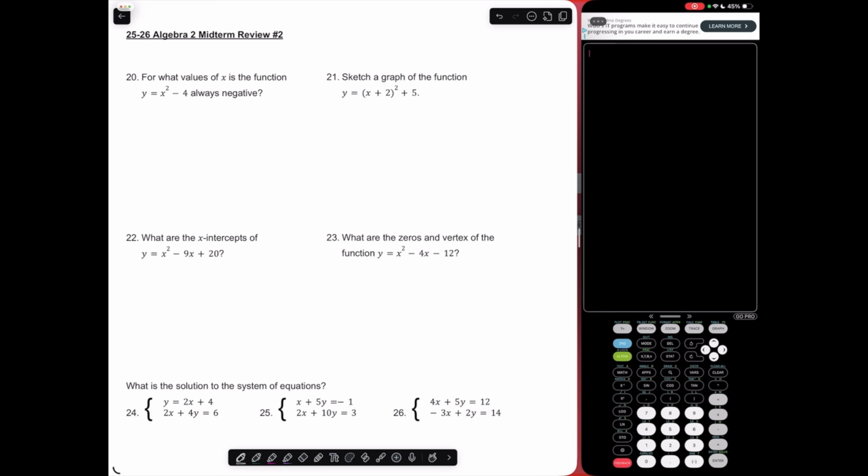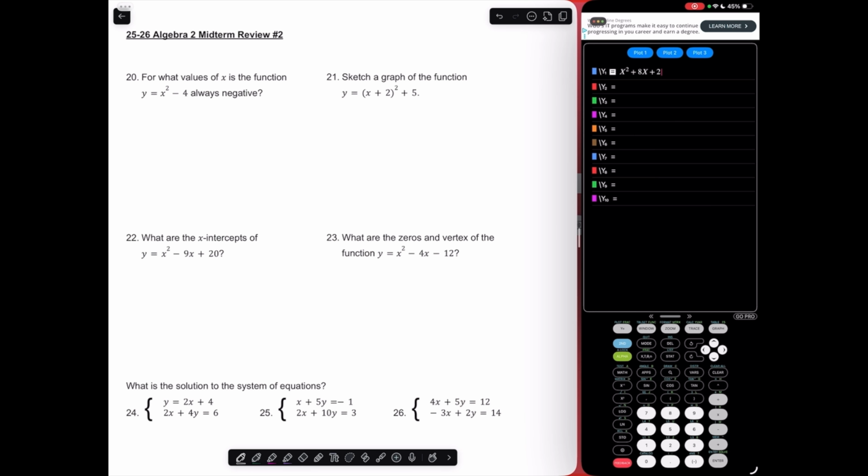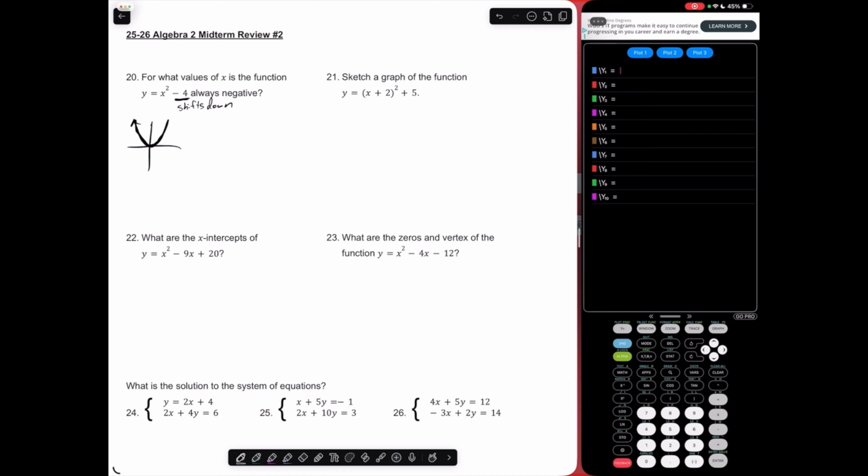All right, 20. For what values of x is the function y equals x squared minus 4 always negative? This negative 4 tells us that it shifts down. So if you're doing this by hand, x squared is right here. We have this curve here.